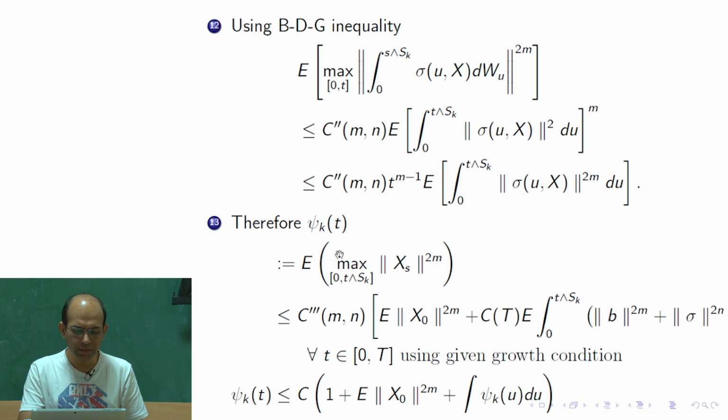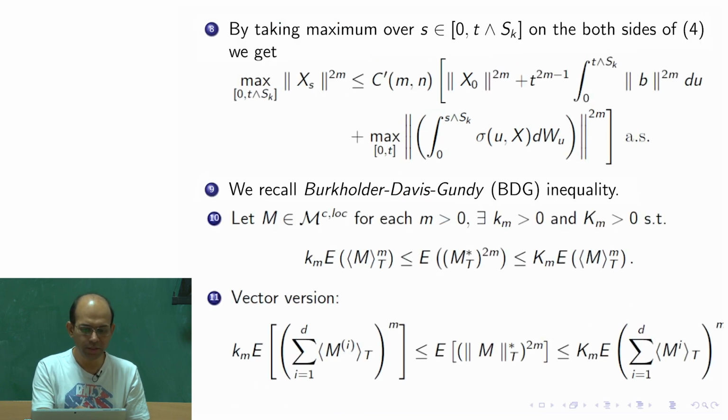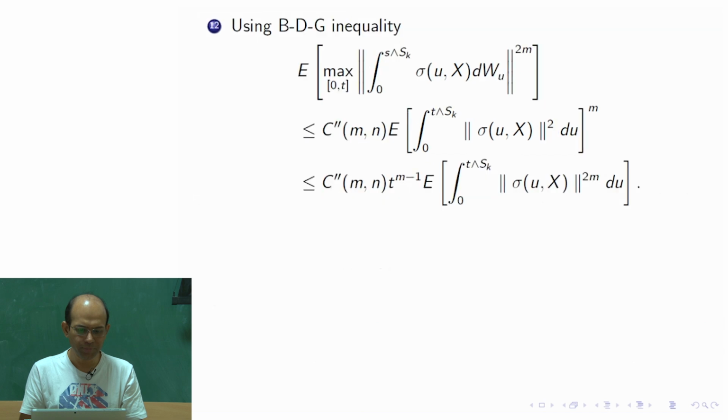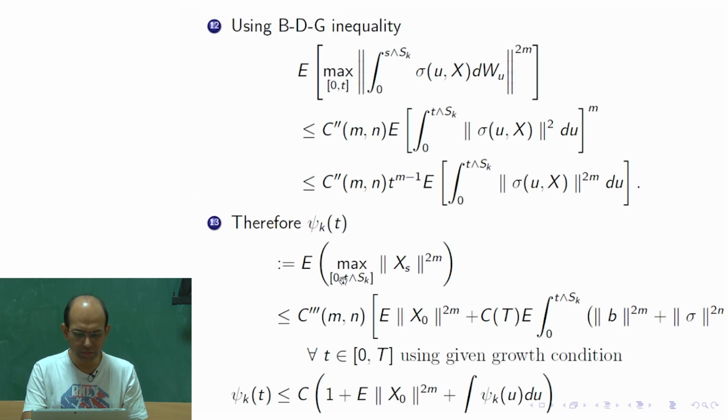Now, we write down this whole thing as psi k. See this, the maximum over 0 to t minimum s k of x to the power of 2m. So, what appears there on the top?